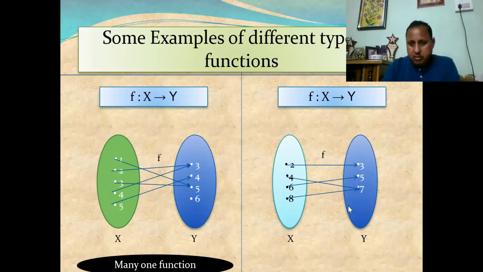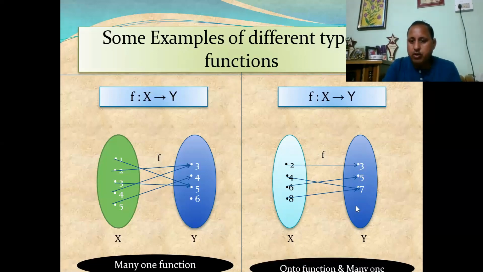So, which type of function is this? You can say many-one. Yes, this one is many-one. But is it onto or not? Because every element of y has a pre-image, yes, this one is onto as well as many-one. Clear? I think the concept is clear. Next.